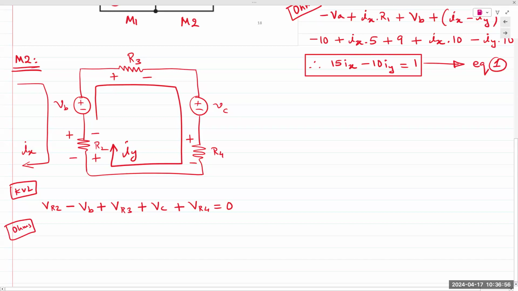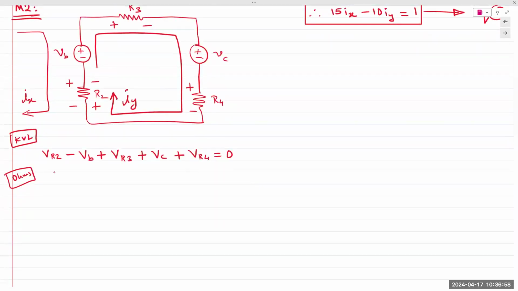And I can express R2 in terms of IY and IX. This time we are on the other side. So IY is positive, IX is negative.